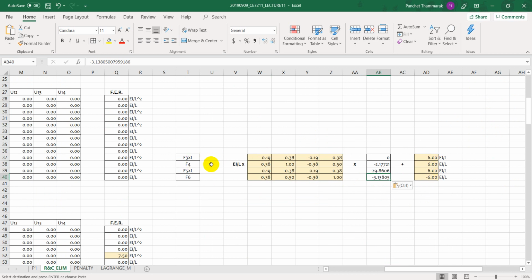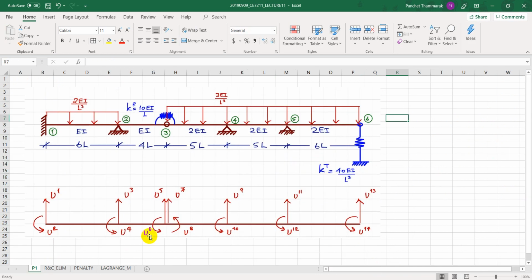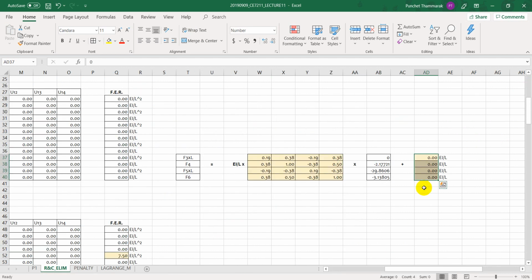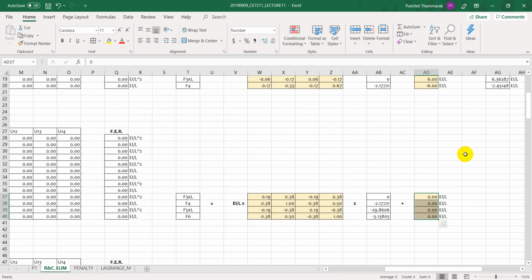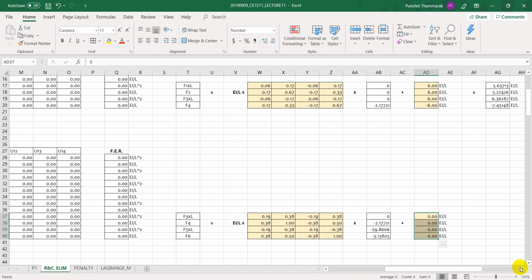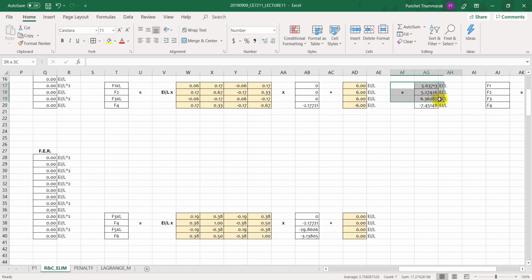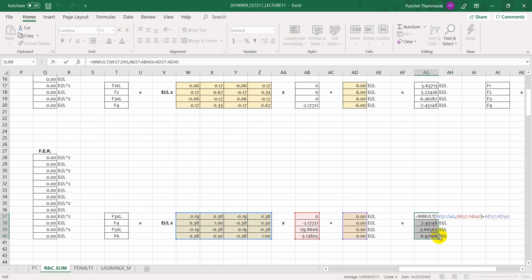Now, let us look at the fixed end reactions. We found that we have nothing applied on this member, so the fixed end reaction turns out to be 0. And then let's do the solution. Let me check if it, okay, it does.